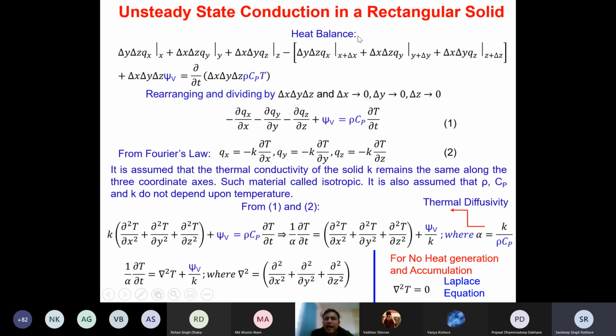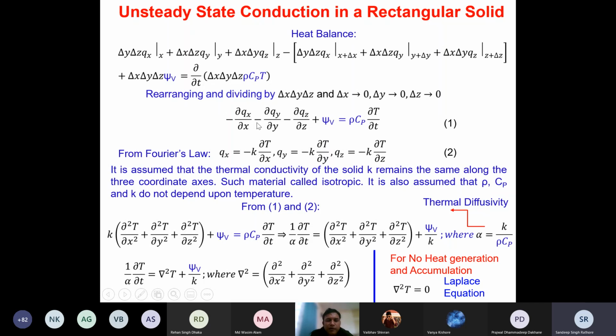If I divide that, we directly get dou qx by dou x, because if I divide by delta x, delta y, delta z, delta y, delta z is going to get cancelled out, and what we have is qx at x minus qx at x plus delta x, and that is going to give me minus dou qx by dou x.